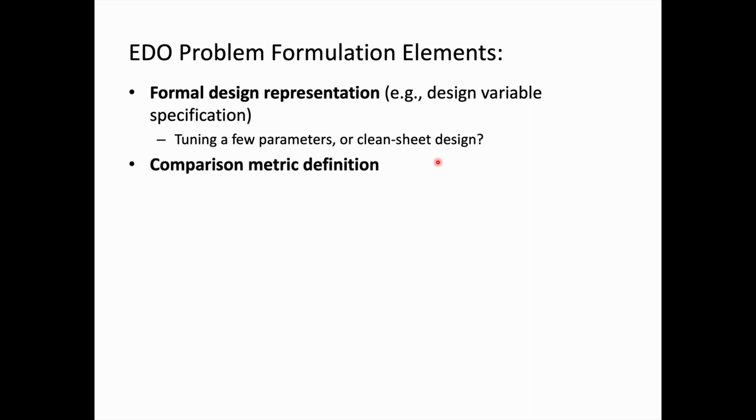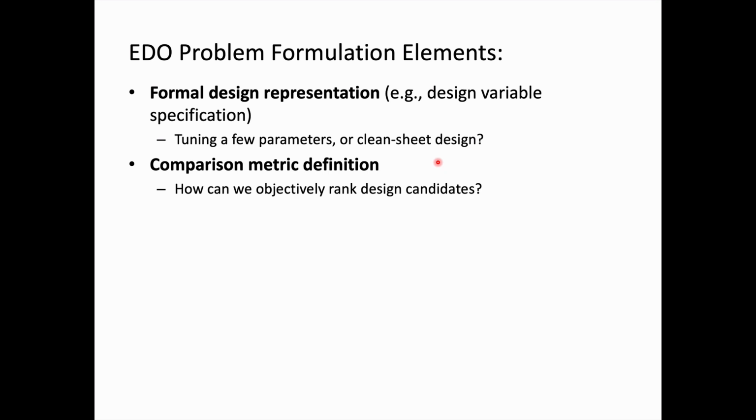Comparison metrics definition. If we have more than one design candidate, and if we have any kind of design degrees of freedom, then this is the case. We need a way of saying whether one design is better than the other if we're going to do any kind of optimization.